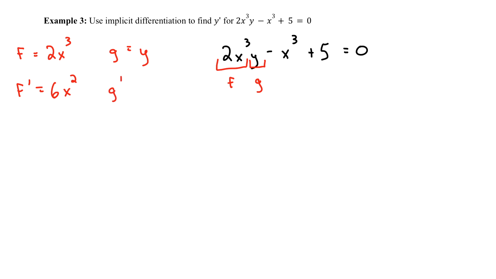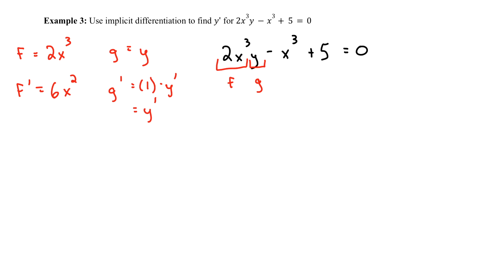And g prime, the derivative of y, is going to be 1 times y prime, or we can just write that as y prime. So keep an eye out for those product rules. Anytime you have any power of x multiplied by any power of y, when we take the derivative in our first step here, we're going to have to use our product rule.